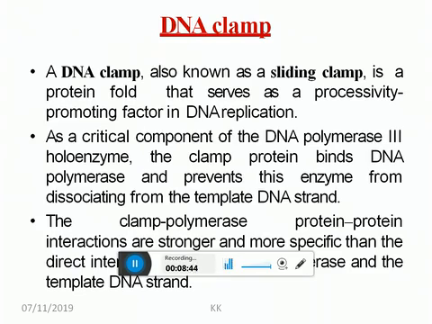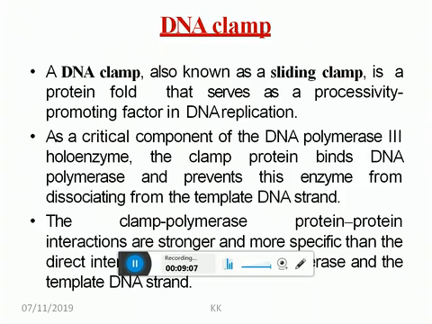Do you know the clamp? As a critical component of the DNA polymerase 3 holoenzyme, the clamp protein binds to the DNA polymerase and prevents this enzyme from dissociating from the template DNA strand. When the clamp is formed, it prevents the enzyme from dissociating from the DNA template strand.